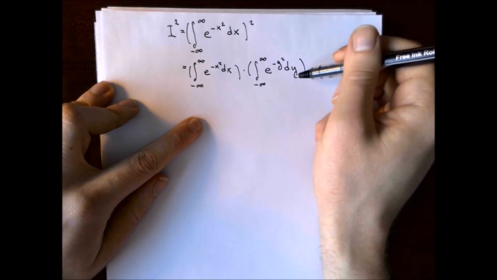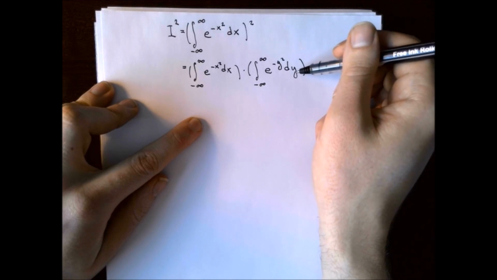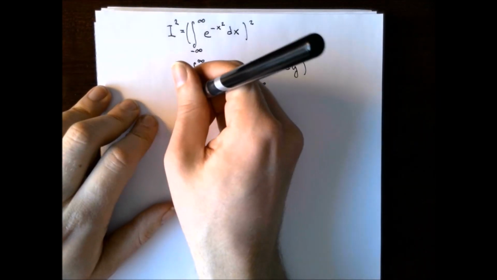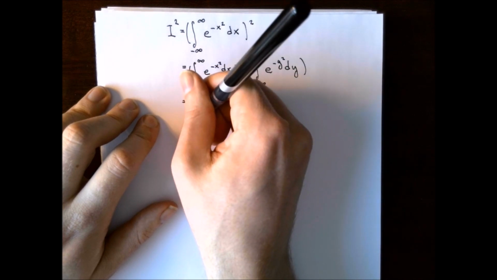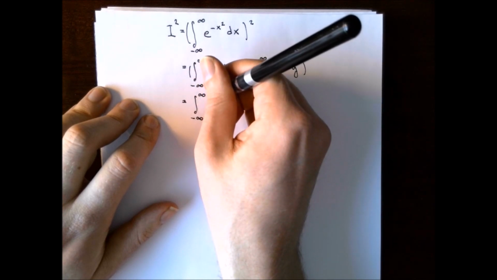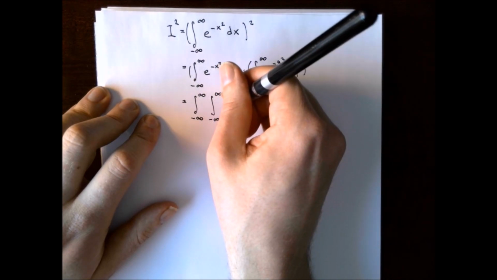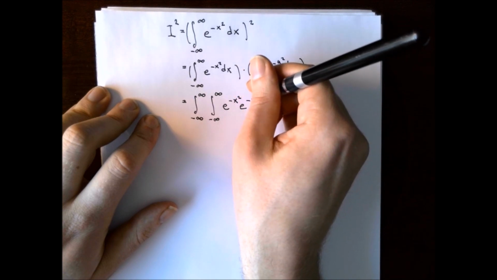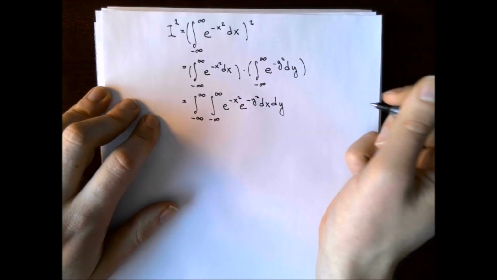Notice here that we can as well use y as the integration variable as x. If we open this up, we end up with the double integral, integrating both variables from minus infinity to infinity of e to the minus x squared e to the minus y squared dx dy.